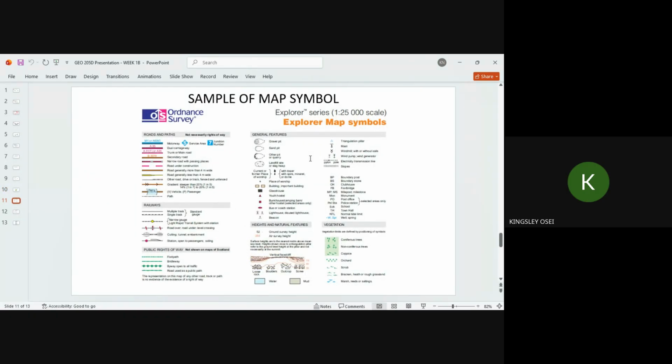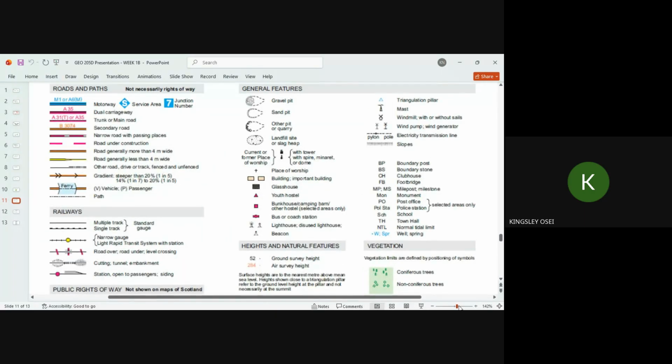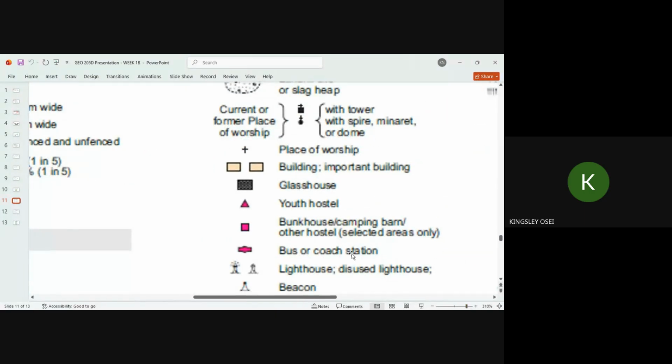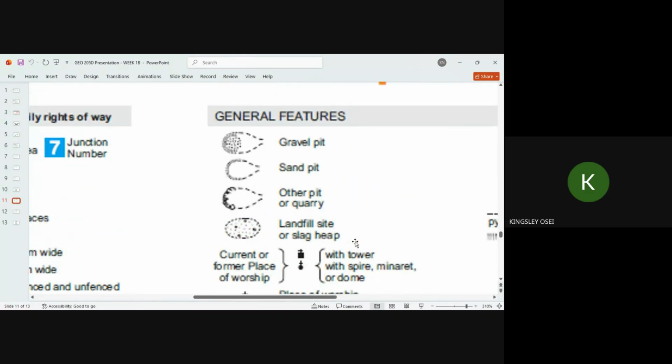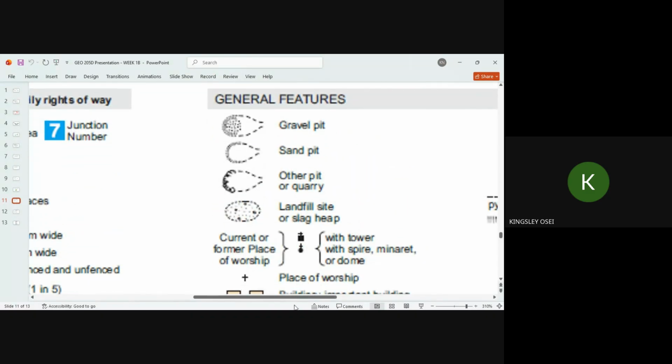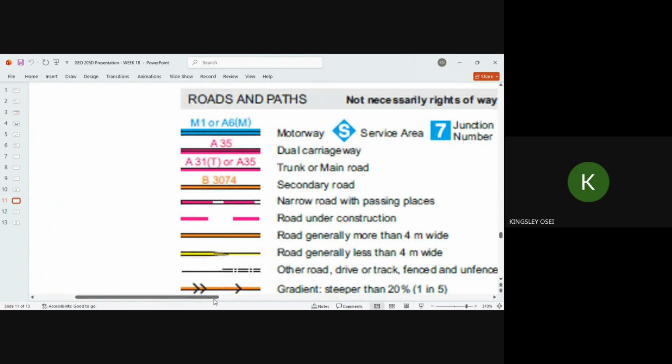Then we have some examples in here. It may look small, forgive me, because it was a bigger document I've squeezed into the slide. But the idea is to help us appreciate some templates that are around. So we have this query page, general one, sand page, other page. When we move on to the other side, we have what we call a motorway.